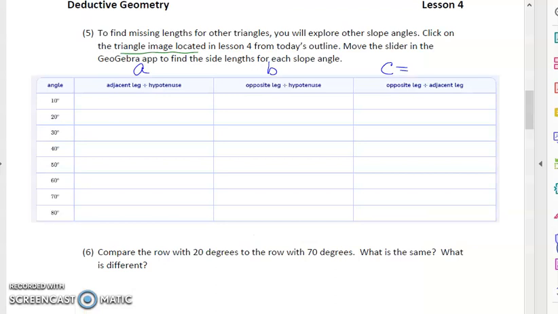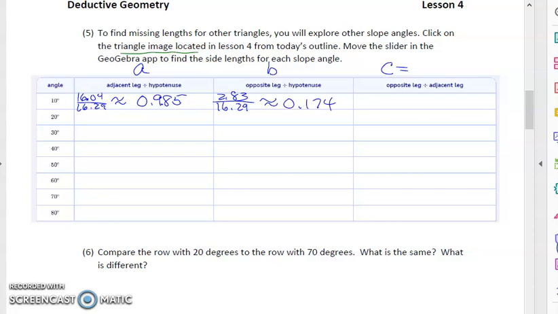So for adjacent divided by the hypotenuse, we're going to take 16.04 divided by 16.29, and that's going to give me 0.985. The next one is opposite, which is 2.83, divided by the hypotenuse, which is 16.29, and if I divide those, I get approximately 0.174.